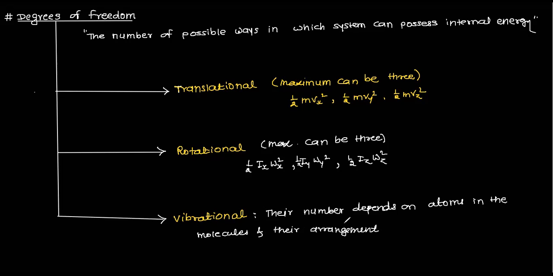Okay. And these degrees of freedom, DOF means degree of freedom, are considered at high temperature. Why at high temperature? Because at high temperature vibrations are possible.